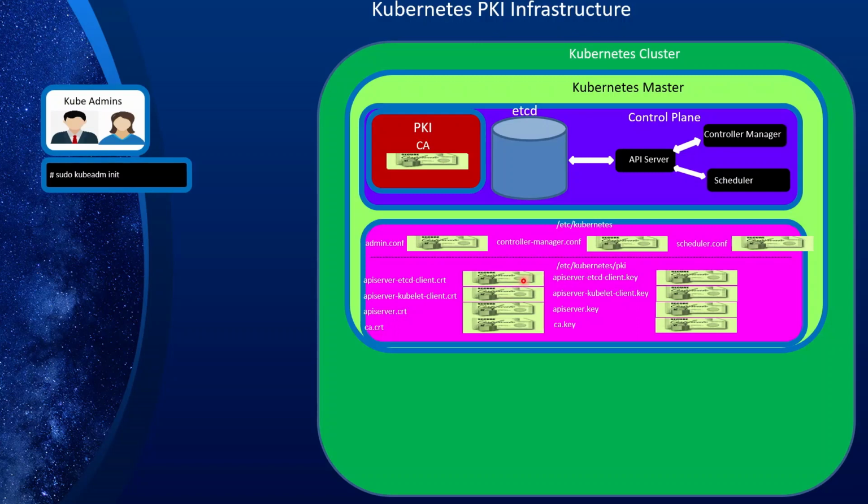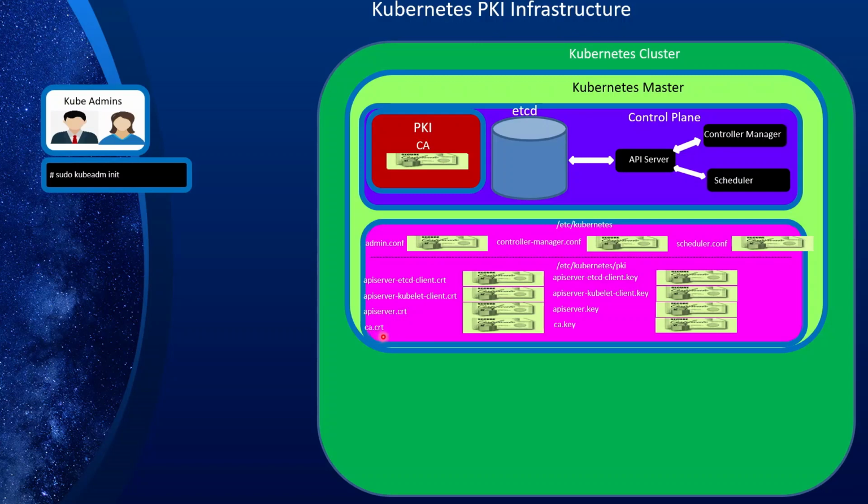This certificate is used by the API server to talk to etcd. And apiserver-kubelet-client.crt, this is a certificate and its private key that the API server uses to talk to the kubelet on the various nodes. And then apiserver.crt, this is its own identity or certificate, and this is its private key.